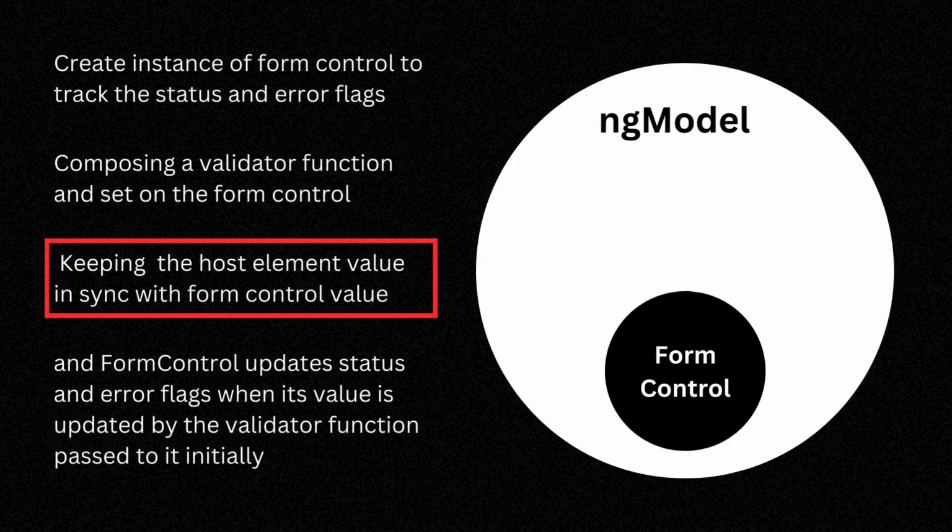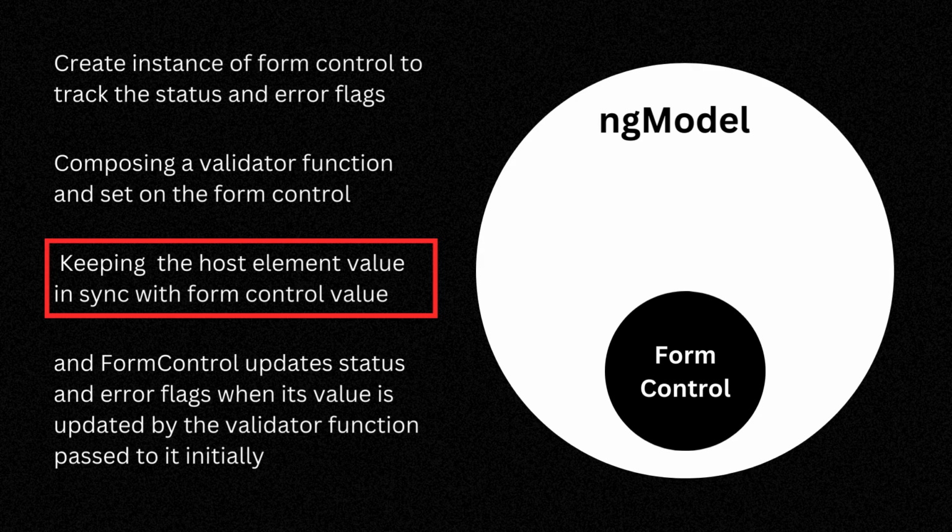This means if in the component where you have your form element you are passing some input property to the ng model, and it is changed, ng model will update that value on the form control also. And likewise whenever there is a change from the user side, like when there is a change in the DOM of that input element, it will again synchronize that updated value with the form control.